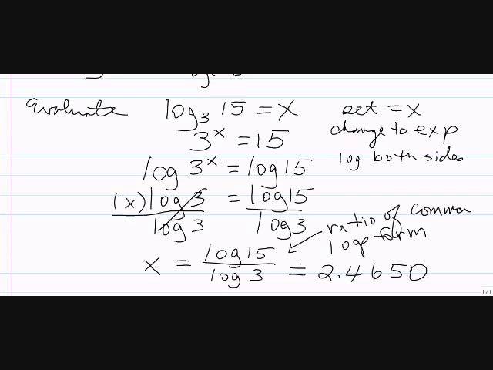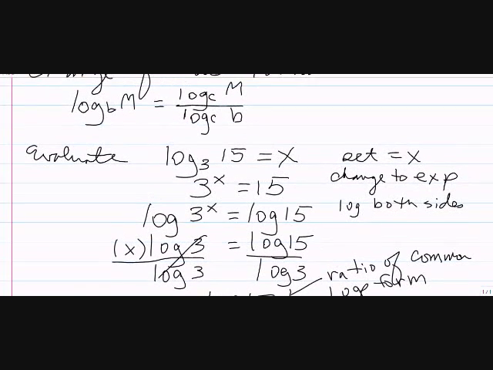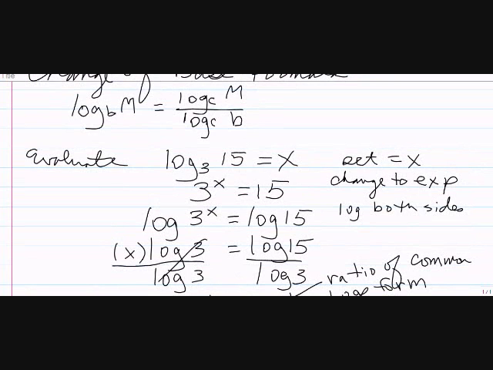Okay, let me move back up just slightly to this change of base formula. It says that if I want to evaluate log base 3 of 15, that would be log base whatever of 15 divided by log base whatever of b.